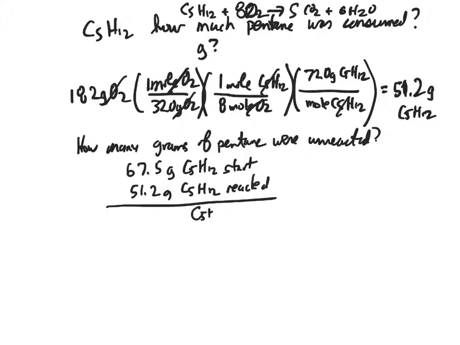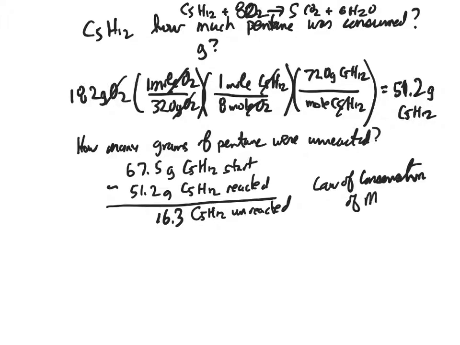That will give us the unreacted amount of pentane. So 67.5 minus 51.2 will be 16.3 grams of pentane that was unreacted. We did this by using the law of conservation of mass.